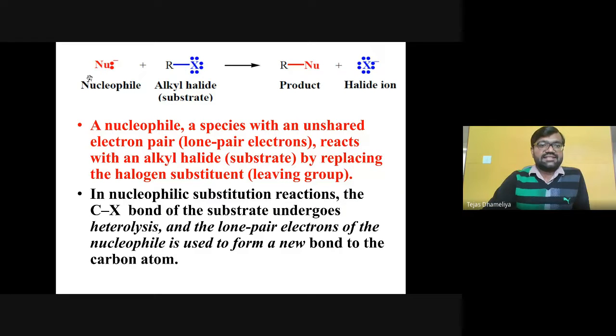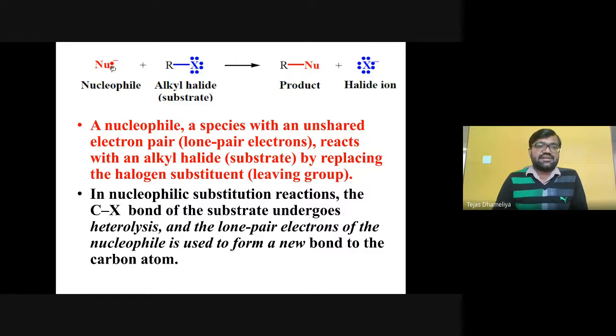We know that there are certain species which have a negatively charged electron or a lone pair of electrons. So the charge is negative and it is always in search of positively charged species.